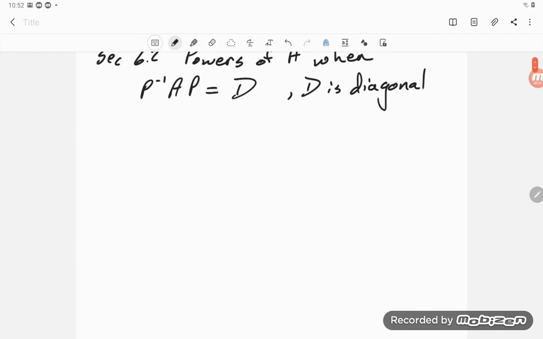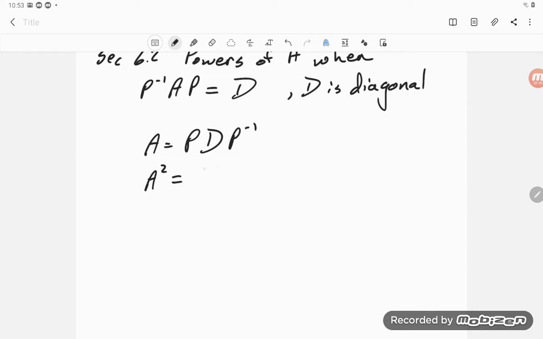If that's the case, then A is equal to, well, multiply on the left by P, and so we'll get P times D, and multiply on the right by P inverse, and we'll get P inverse over here. So notice then that A squared, and I think we've already done this induction proof, right?